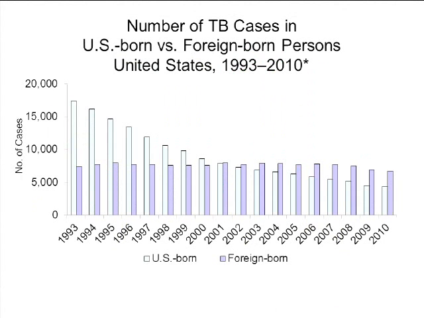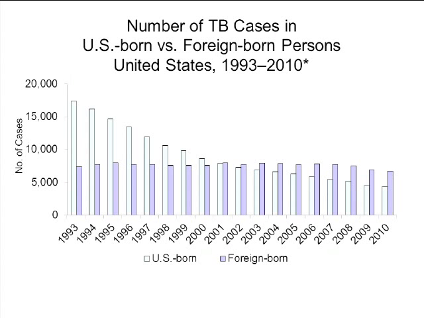All right, so the number of TB cases in U.S.-born versus foreign-born persons in the United States. I don't want to focus too much on this epidemiology. I don't really want you to spend a whole lot of time on these graphs. Big picture is what I'm interested in. So look at U.S.-born in white, foreign-born in this purple color. The U.S.-born cases in white were very high in the mid-90s, again mainly due to HIV.